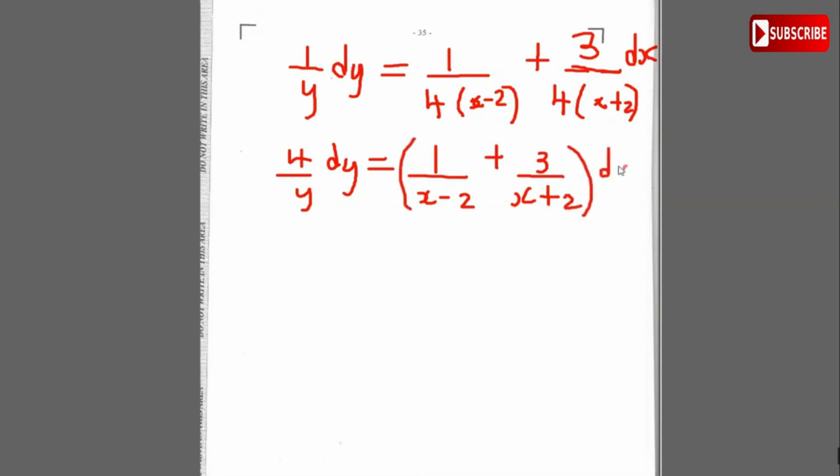So now that this is what we have, what we can do is now integrate both sides with respect to y.